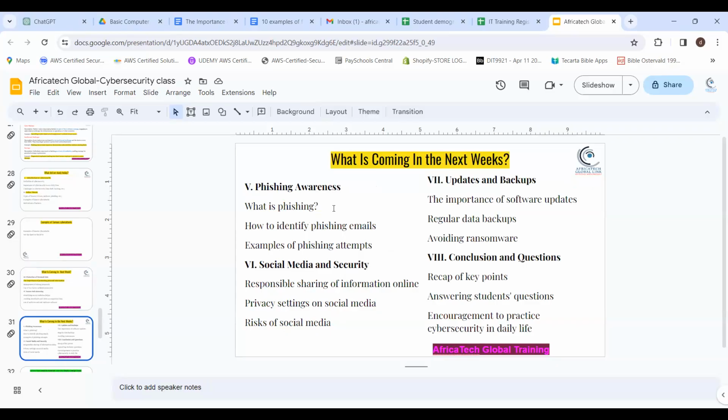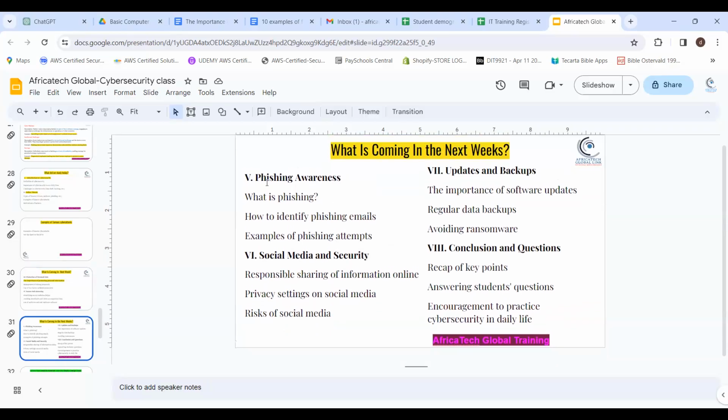We will also mention the importance of software updates and regular data backup. All this is good to know when you want to put your feet in cybersecurity.